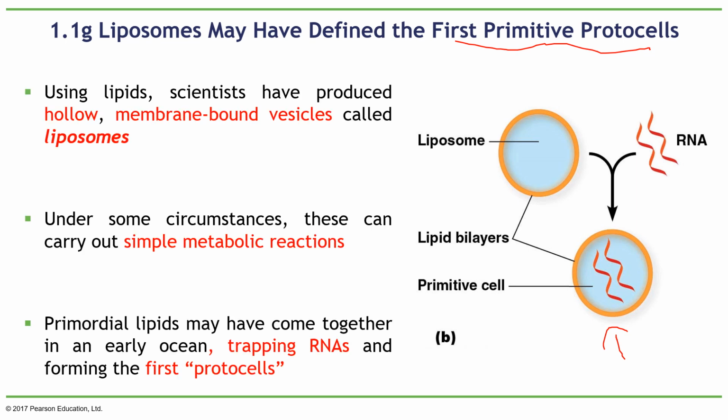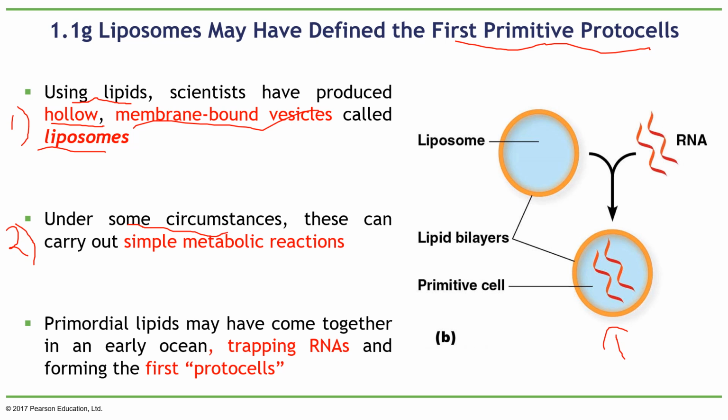Let's summarize. I just told you 3 points. First, currently, you might be working in a company that will be using lipids that produce these hollow membrane-bound vesicles that are liposomes. And although they are important right now for much scientific research, in the past they could have also been important. Why?